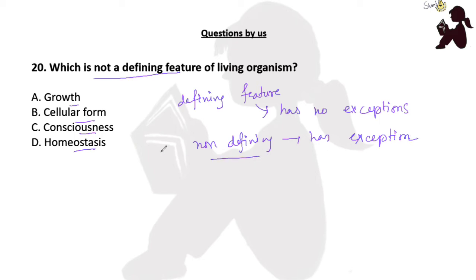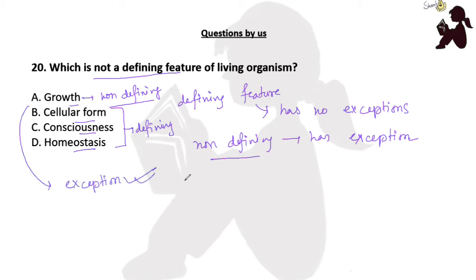So here the options are growth. Growth is a non-defining feature. We know that cellular form, consciousness, and homeostasis are all defining features of life. But growth is a non-defining feature because exceptions are present.